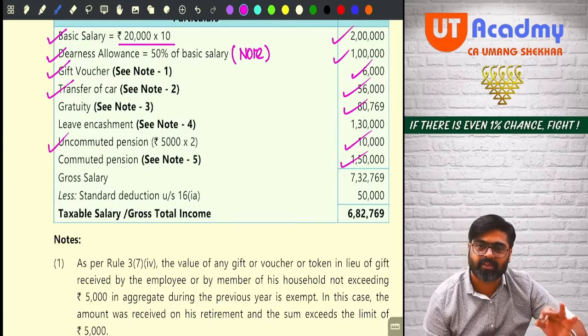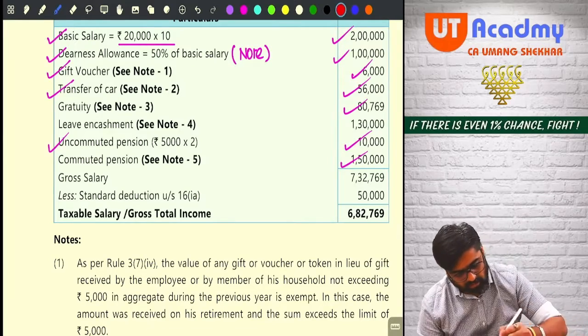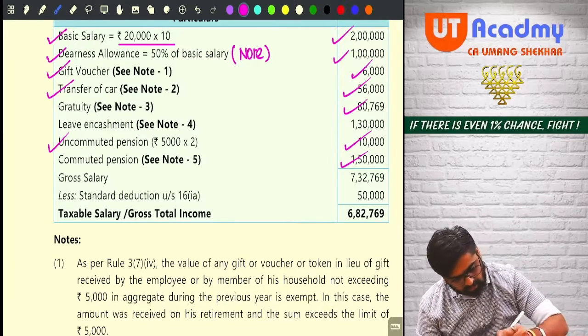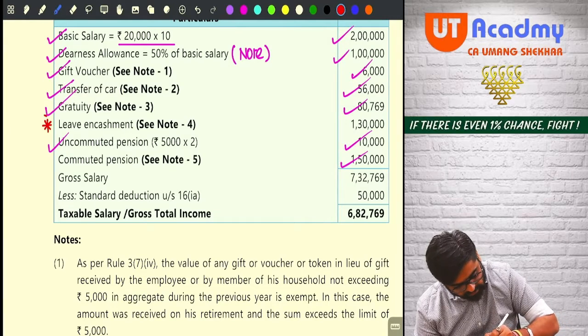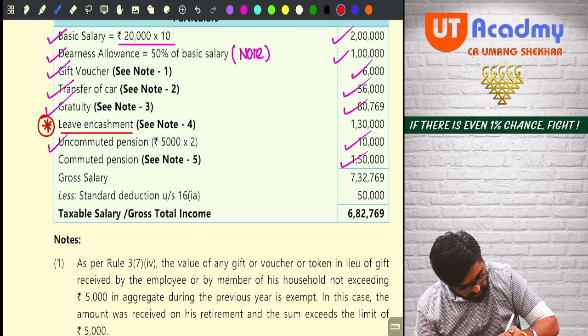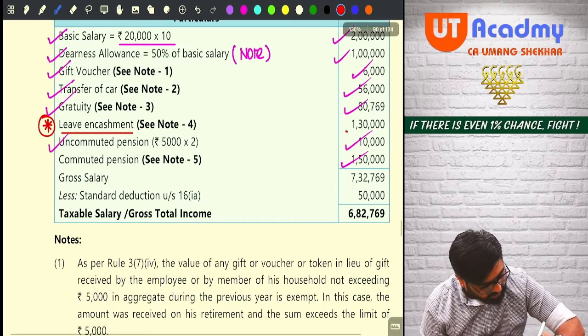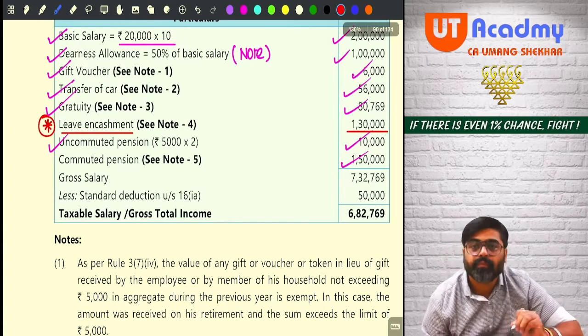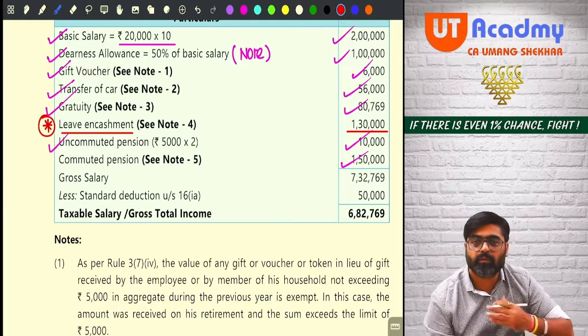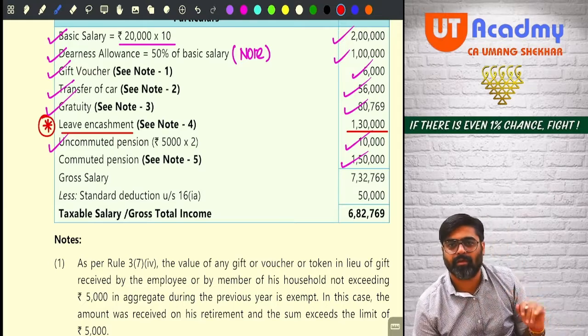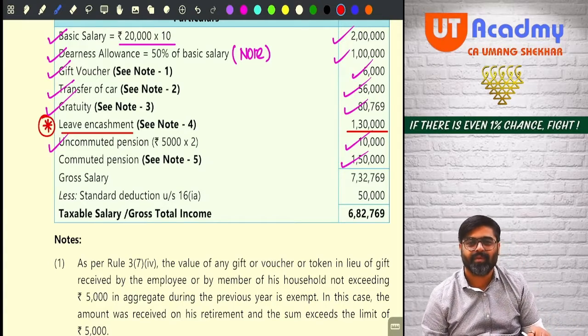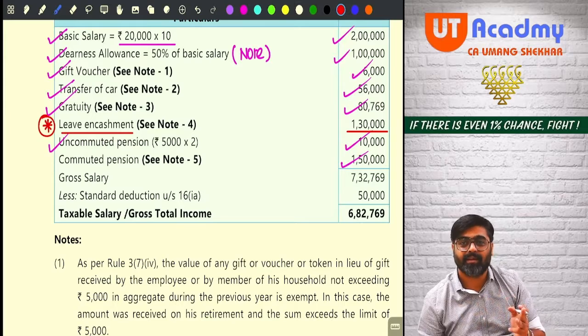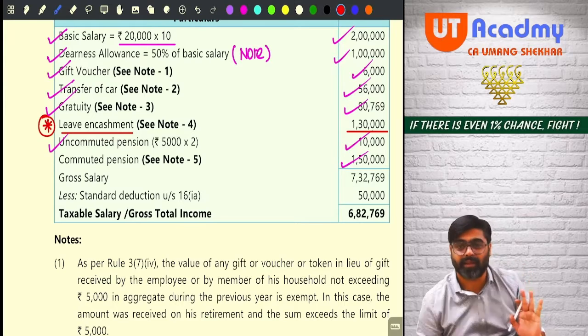Now whatever catch is there, the catch is here. Please pay attention. This is a very important discussion which I am going to do now. Leave encashment. See here how much answer the institute is getting? 1,30,000. But we will be getting only 30,000 taxable. Institute is getting 1,30,000.